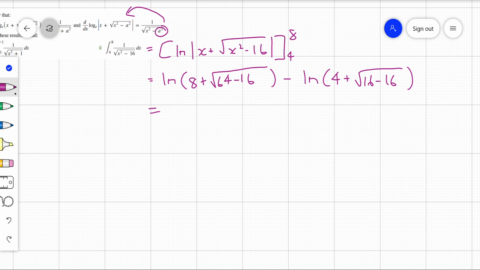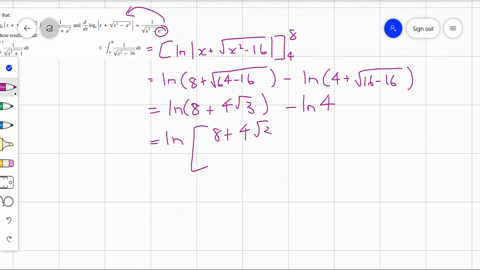So here we've got log of 8 plus, so 64 minus 16 is 48, which is 4 root 3, so that's 4 root 3. This will be minus log 4. Using log laws, that becomes log of 8 plus 4 root 3 divided by 4, which is log of 2 plus root 3. There's our answer there.